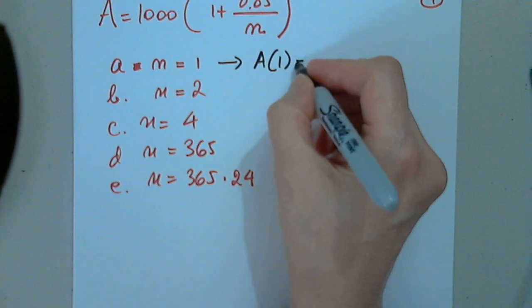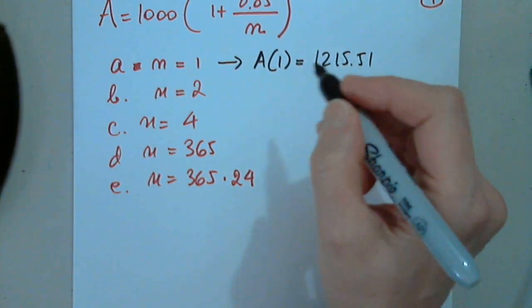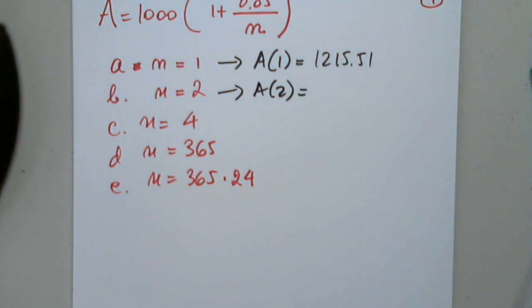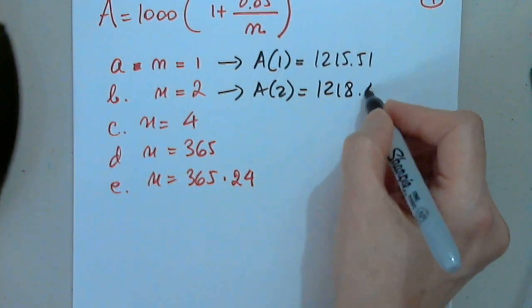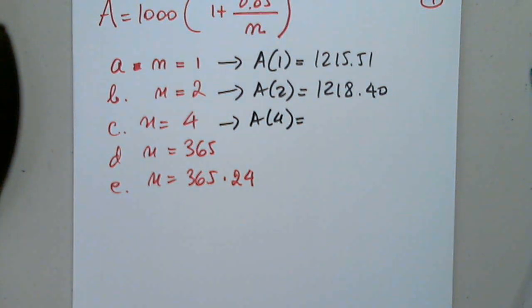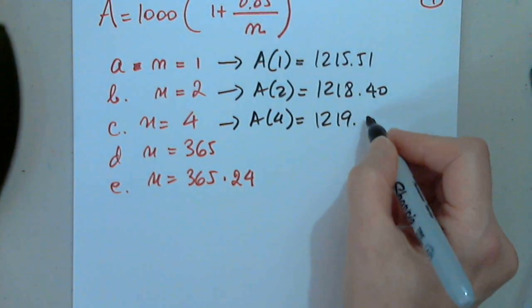A of 1 is 1215.51. A of 2 is 1218.40. A of 4 is 1219.89.